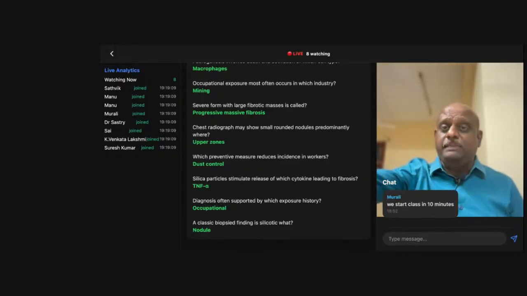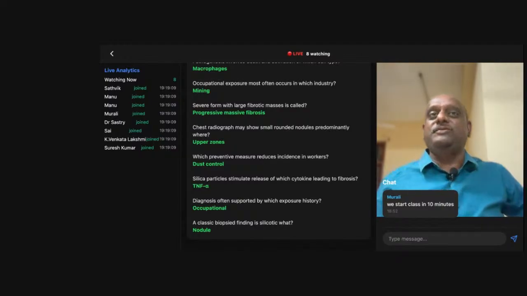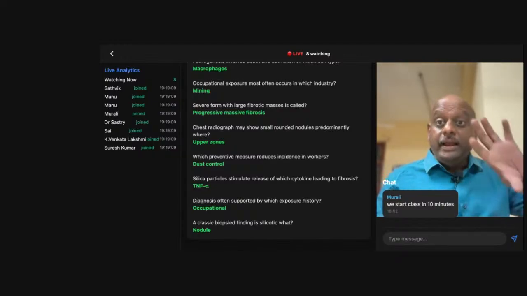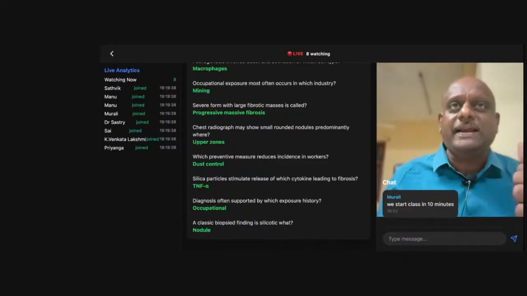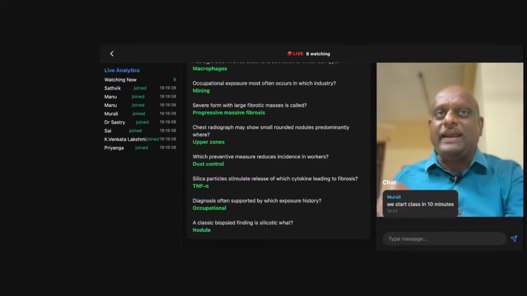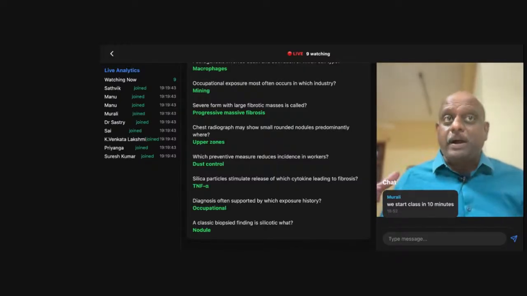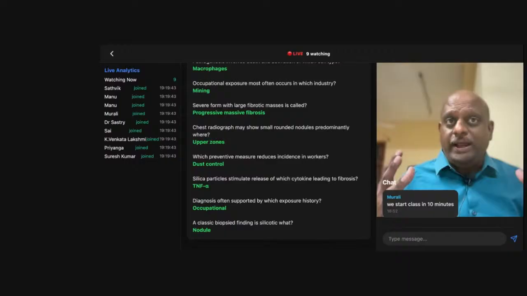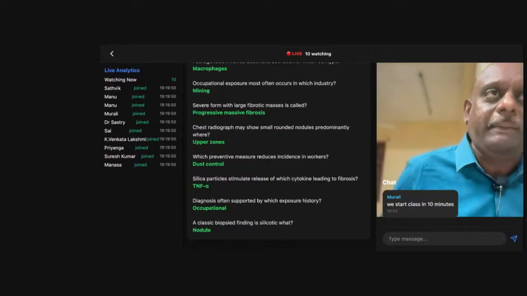Silica hota hai zameen. Magar upper lobe involvement is very common. Eggshell calcification of the hilar lymph nodes is the classical feature which you see in case of silicosis. And silica particles stimulate TNF alpha is what you need to basically remember.